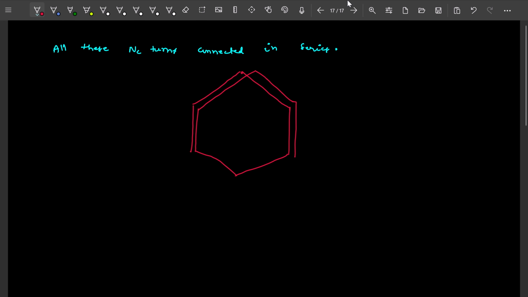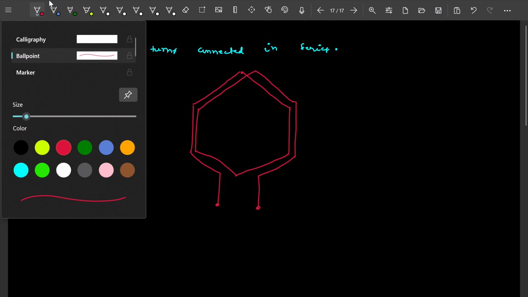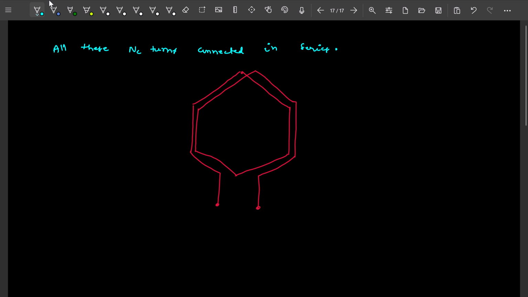That is, they are connected like this, NC turns like that. This is under the north pole and this is under the south pole, and it is under slot 1 and it is nothing but slot 2, and across each conductor we are going to have that E conductor voltage like this.